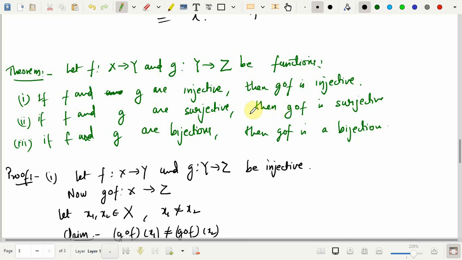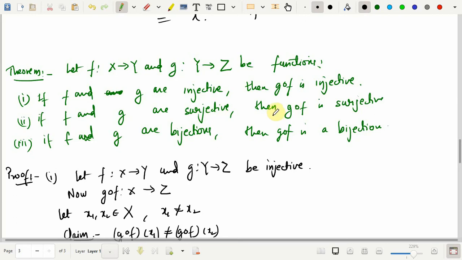In fact, if g composite f is injective, then both need not be injective, but that assures that f has to be injective, because if f is not injective, then g composite f will not be injective. In the same way, if g composite f is surjective, then this assures that g has to be surjective, while f need not be surjective, because if g is not surjective, then g composite f will not be surjective.